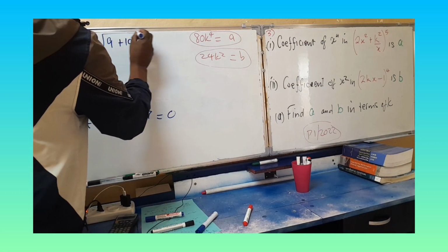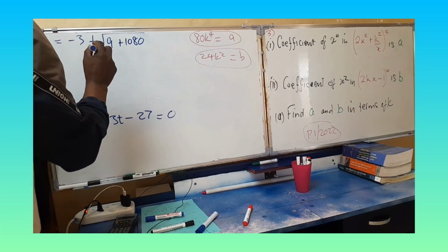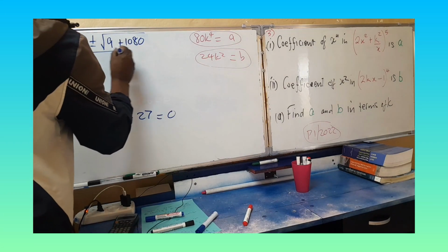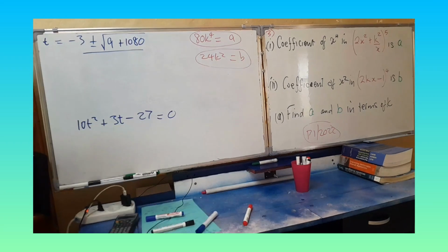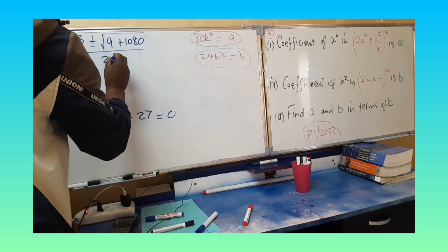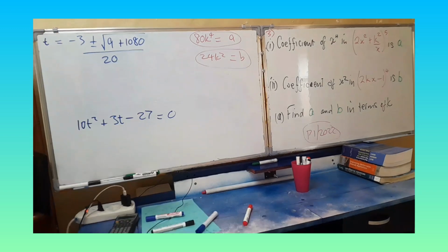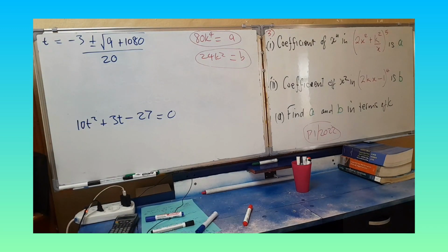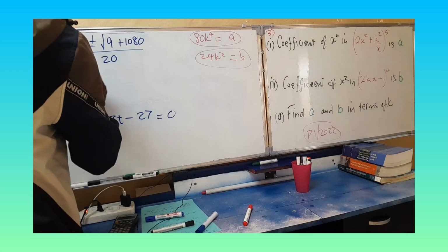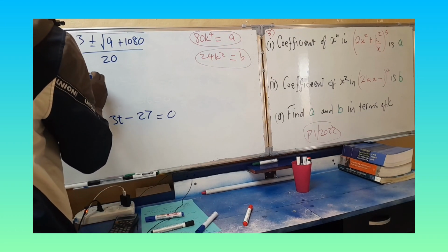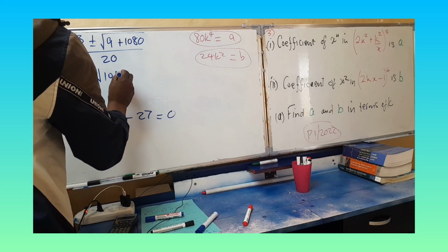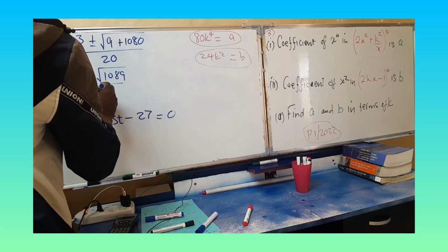It becomes plus because the 27 is negative, divided by 2a, which is 2 times 10, which is 20. So that gives us minus 3 plus or minus the square root of 1089, all over 20.